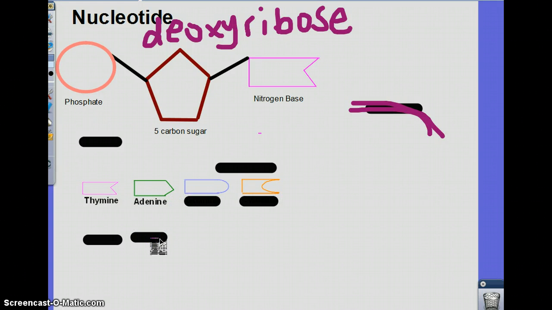Because A goes with T, and look at A and T, they look like a perfect puzzle piece. So if this is guanine, what's the yellow piece going to be? Cytosine. That is not the actual shape of the nitrogenous bases. They portray them as shapes and perfectly fitting puzzle pieces because they go together.